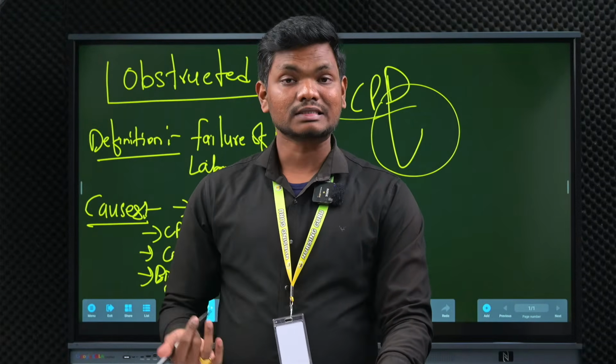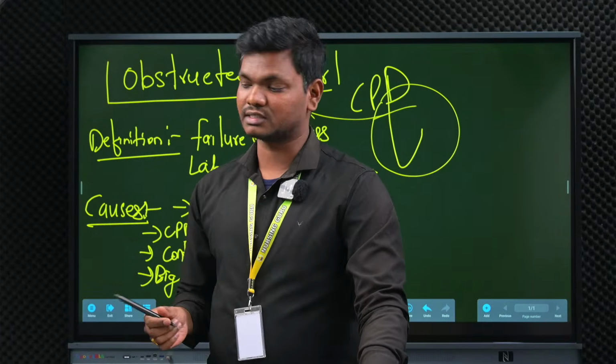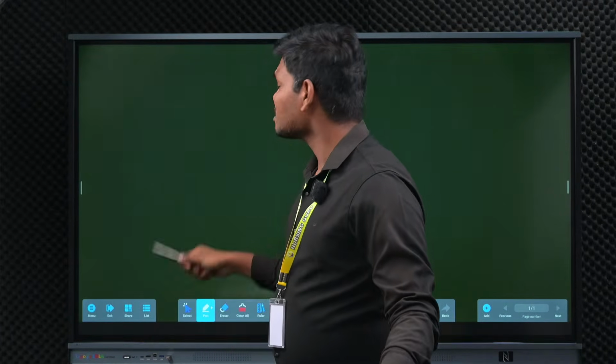Then the second type is prolonged second stage of labor. Prolonged second stage is more than 2 hours in the primi mother. For a first-time delivery mother, if the second stage is taking more than 2 hours compared to normal, that may lead to the diagnosis of prolonged second stage.